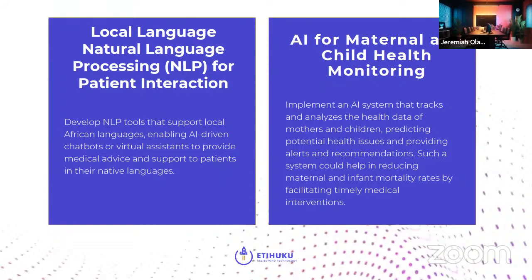You want to build something that allows Africans, for example, to be able to speak their language to this artificial intelligence system. And even beyond that, you also want to be able to detect and understand accents, right?